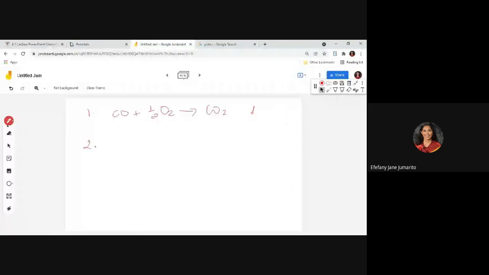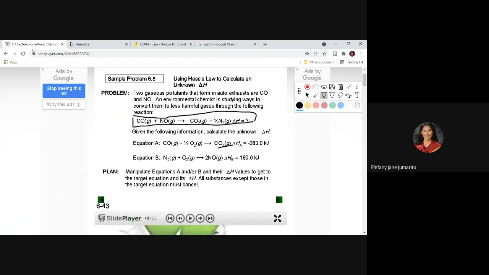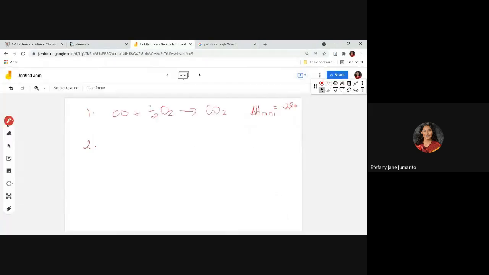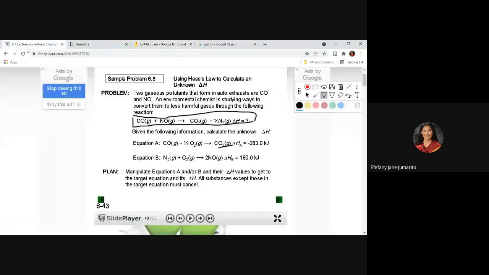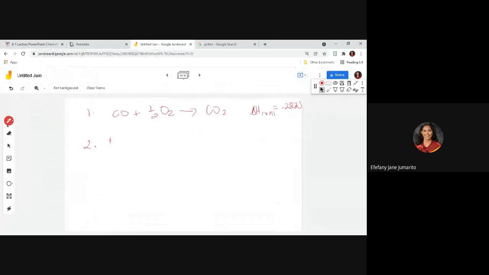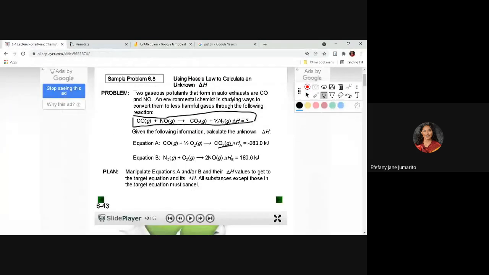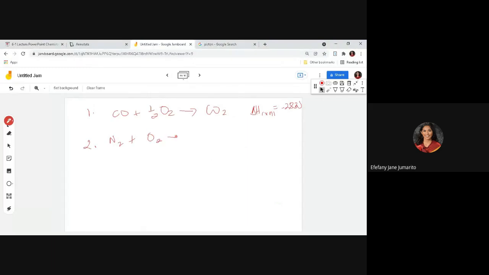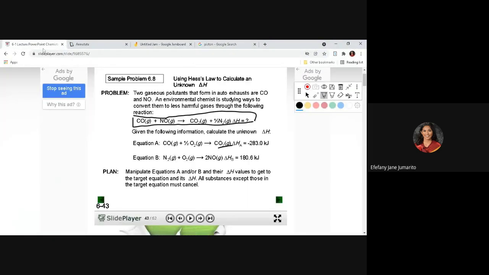Delta H of reaction 1 is equal to how many joules? Negative 283 joules. Step 2 is N2 plus O2, 180.6.